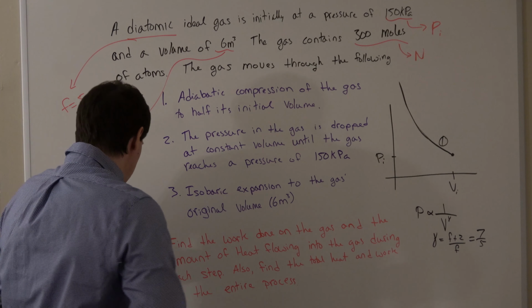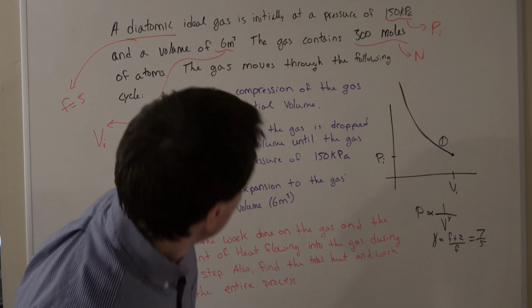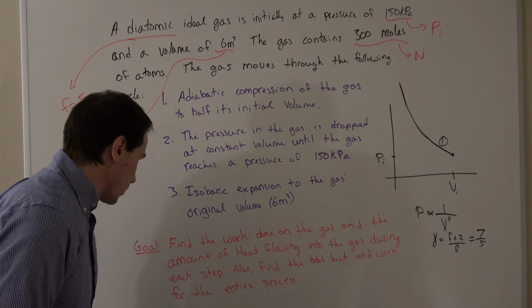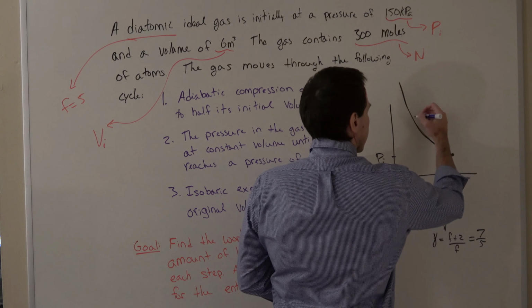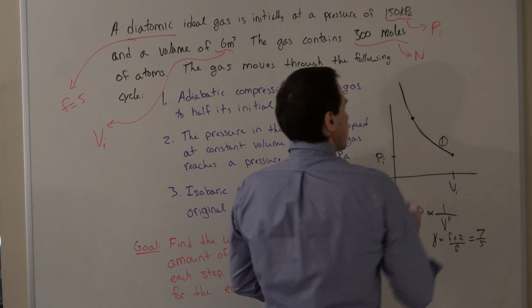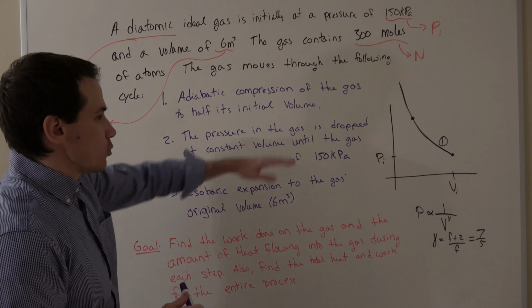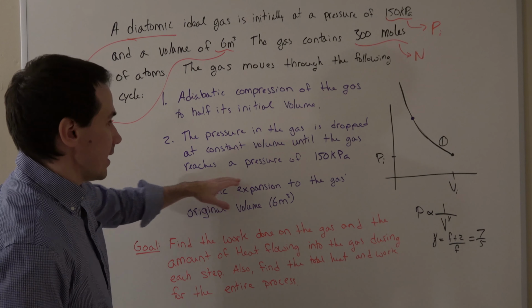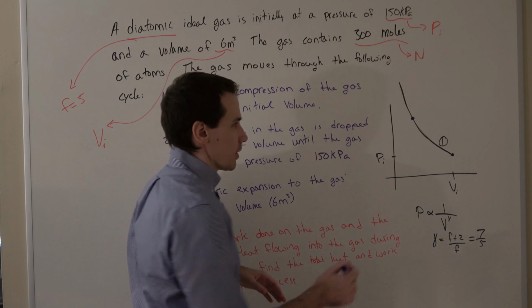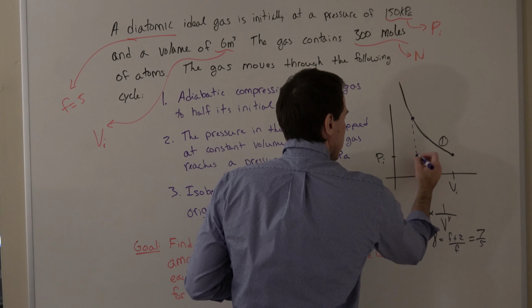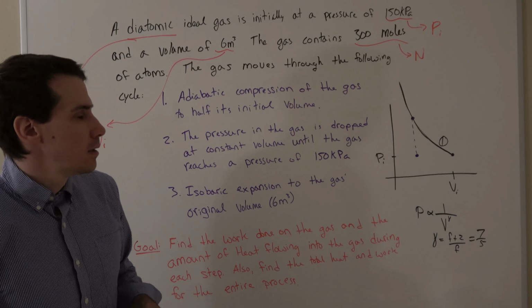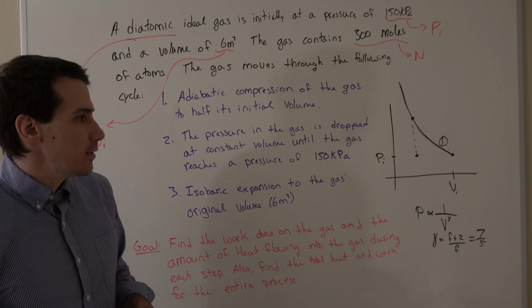My next step is going to be that I arrive at half of the initial volume. So put that, say, here. And then I drop the pressure until I have reached my initial pressure. So this is just a straight down line here.